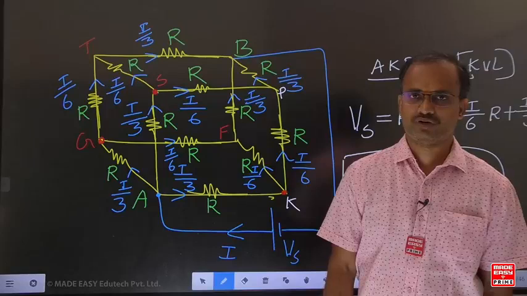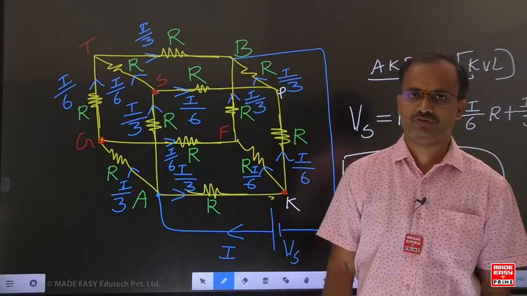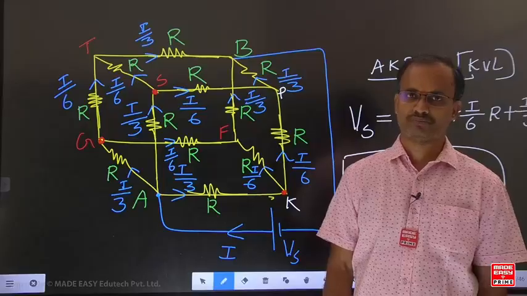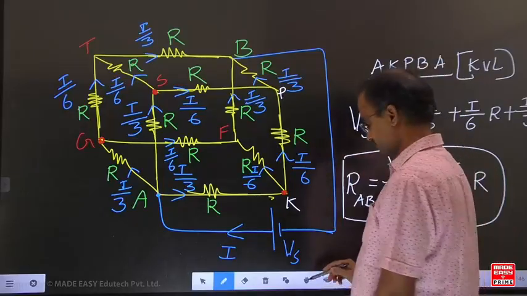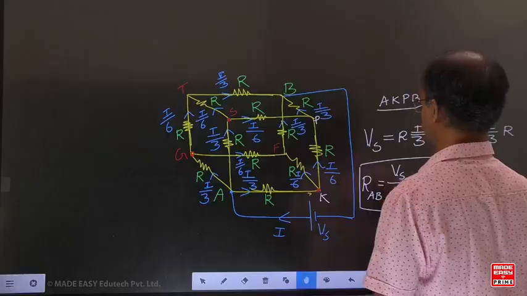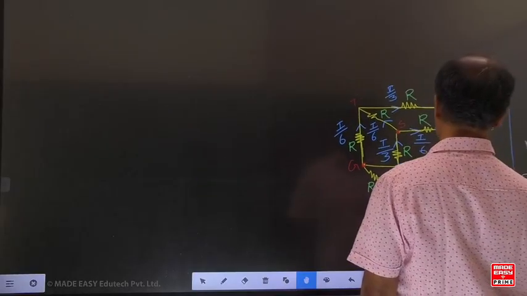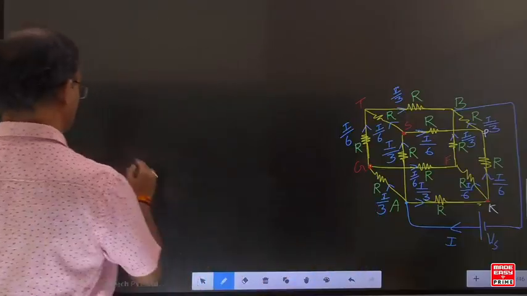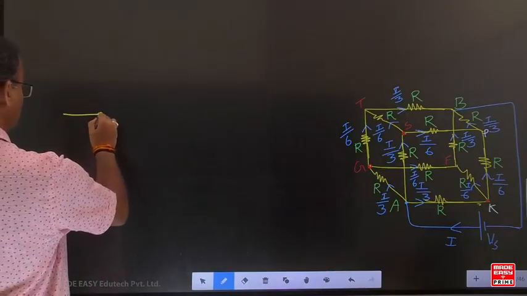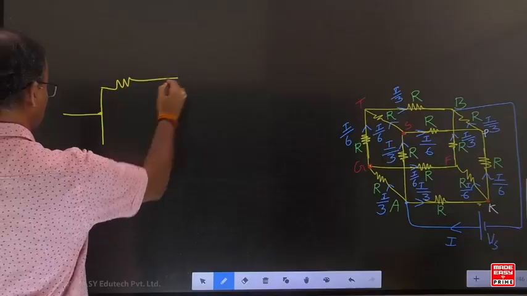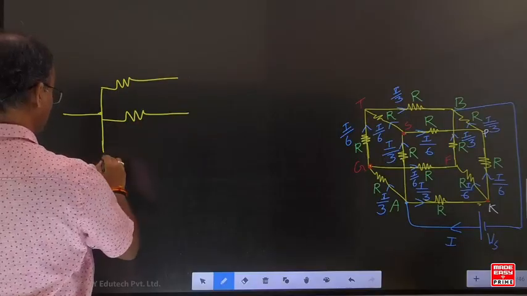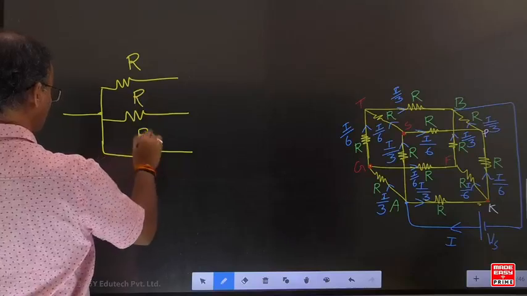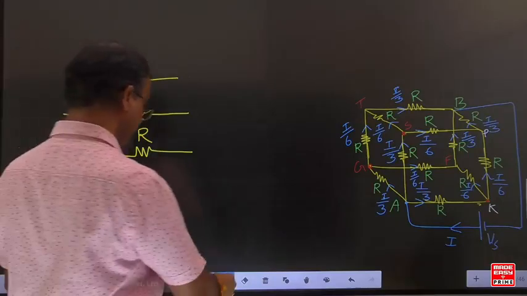Whenever the potentials are the same, one approach is we can join the respective equipotential points. We can join all the respective equipotential points. Then the same figure we can draw like this.